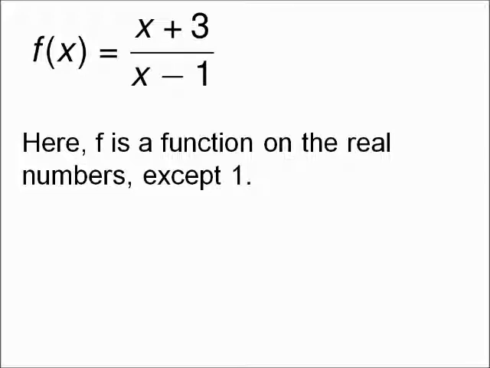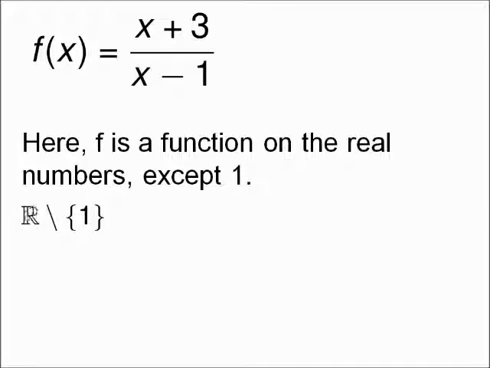Okay, so if I tell you this is a function on the real numbers, I'm lying, because 1 is a real number, and I can't plug 1 into this function, because you would end up with 0 in the denominator, and we don't know how to divide by 0. It's undefined. So what can we do? Well, we could say that the domain is all real numbers except 1, and we could illustrate this a couple ways.